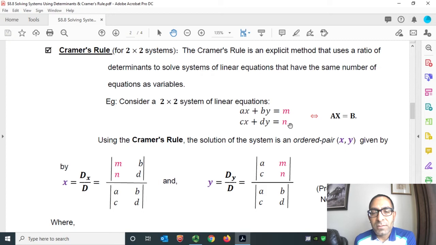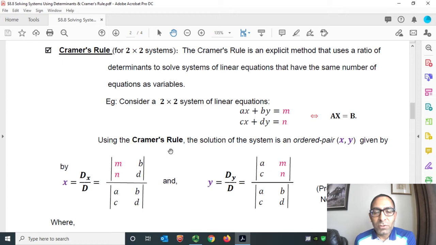Then this system can be easily written in the form of a matrix equation, which is Ax equals B, where A is the coefficient matrix whose entries are a, b, c, d, X is the variable matrix whose entries are x, y, and B is the constant matrix whose entries are m, n.